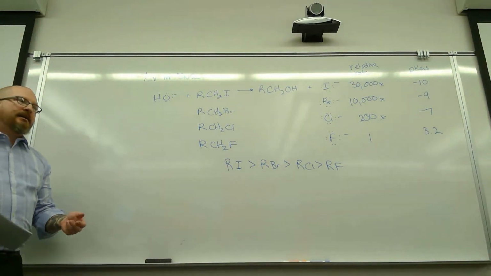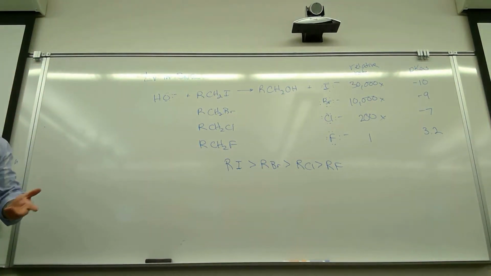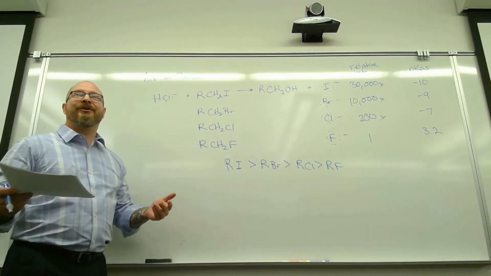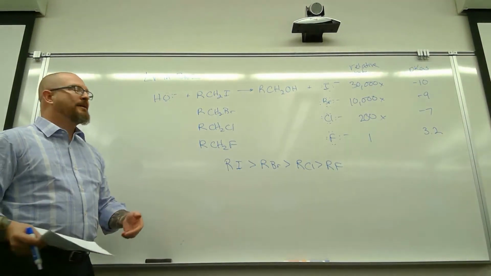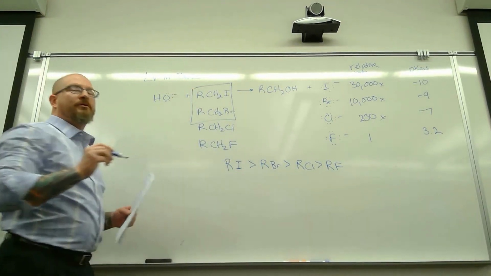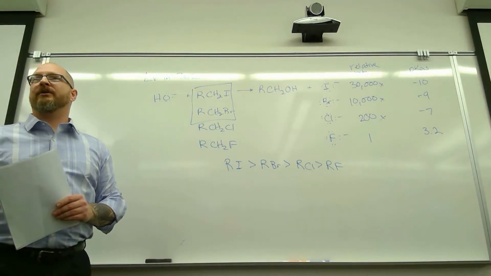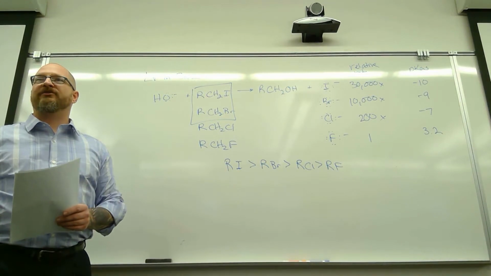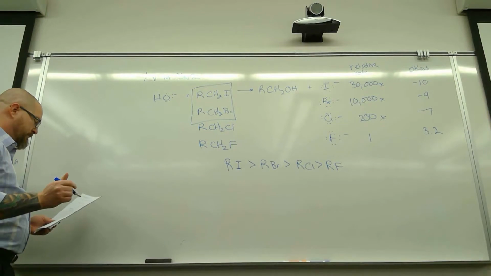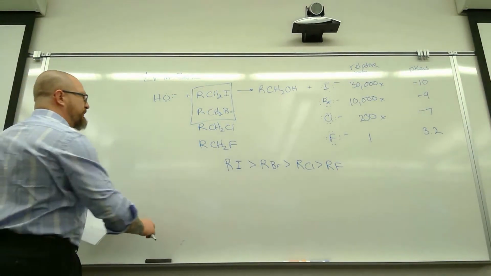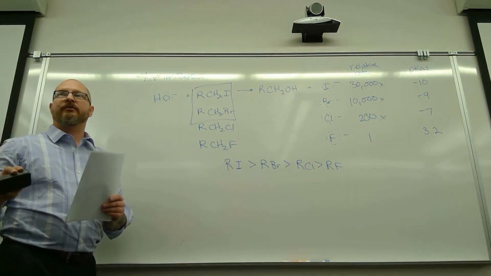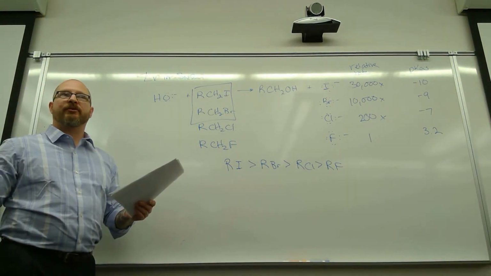If you were asked, as a free response question, to set up a good SN2 reaction for synthesizing something, you would want to use bromine or iodine if you had a choice, which in that kind of question you do. So that's the leaving group. Any questions about leaving groups as pertains to alkyl halides, which is the only leaving group we're looking at in this chapter right now?